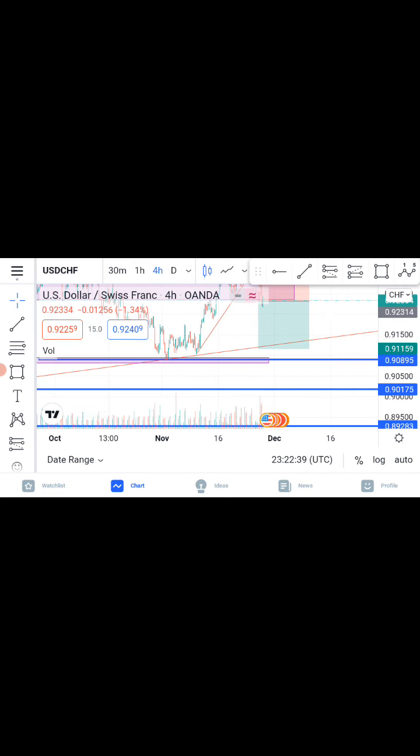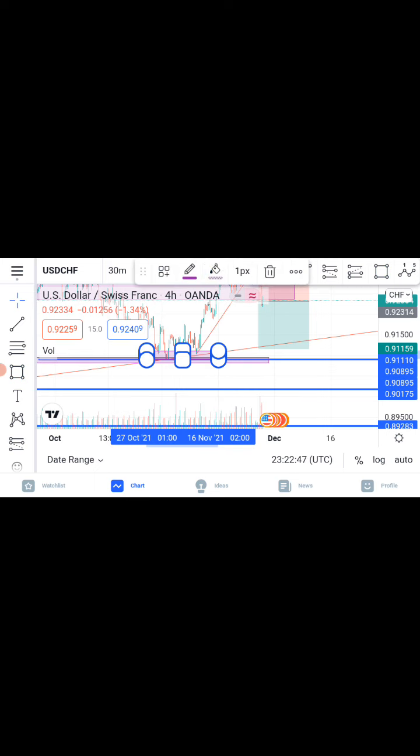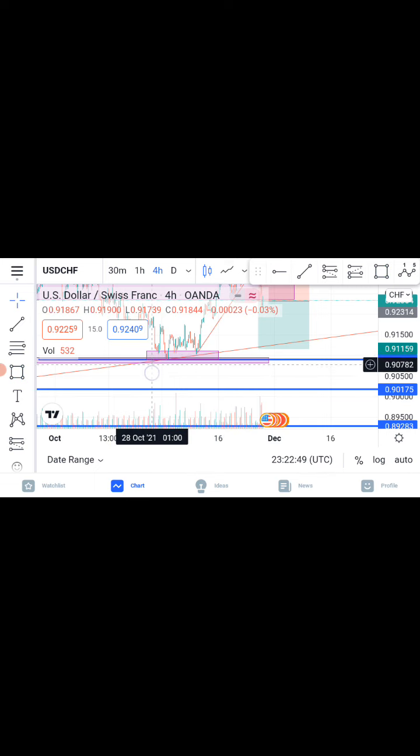Then I should mark the rectangular box over here to show that this market has 1, 2, 3, 4, 5, 6 touches. Meaning that this area is very sensitive, meaning that the market has a lot of chances of coming to this downside over here from this.